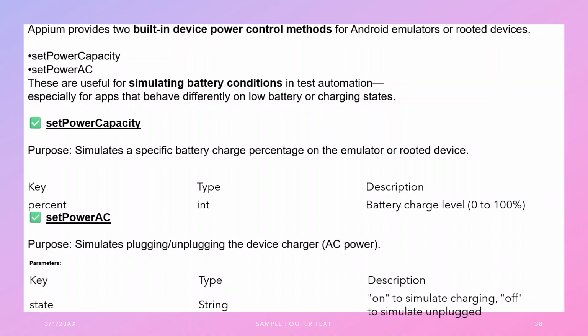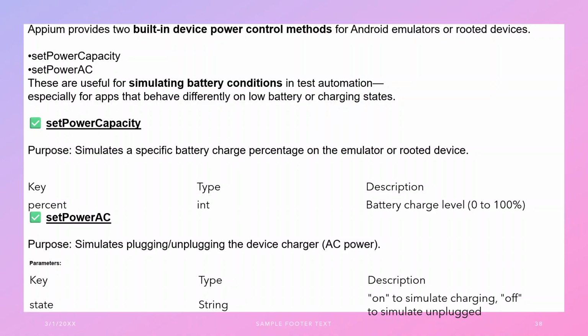And the second method is setPowerAC. This method is very useful when I want to check how my app behaves when the device charger, that is the AC power, is unplugged. We can use this method to simulate unplugging the device charger.